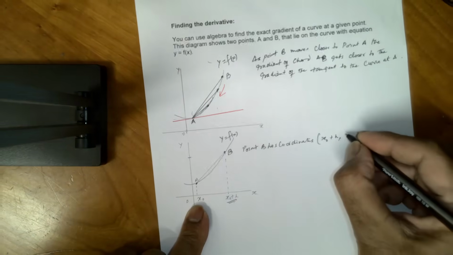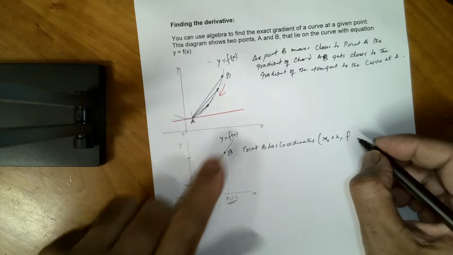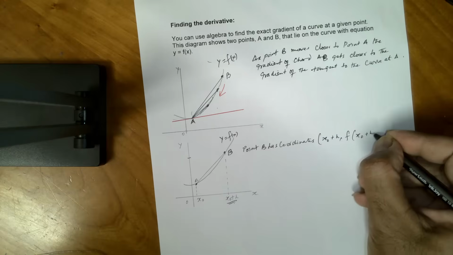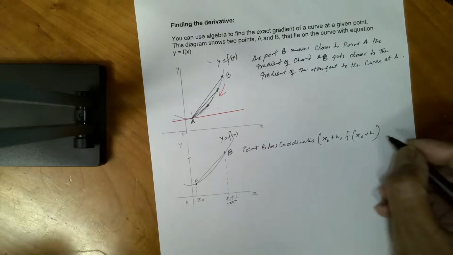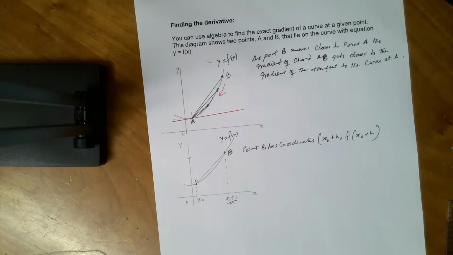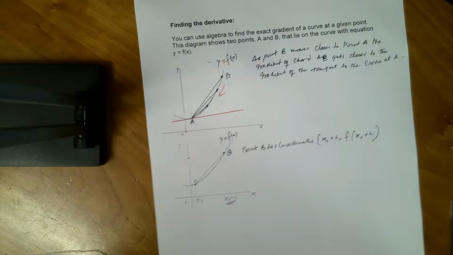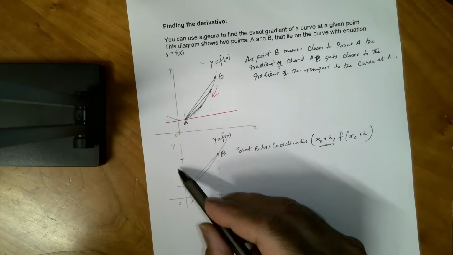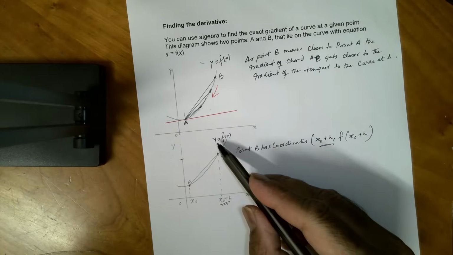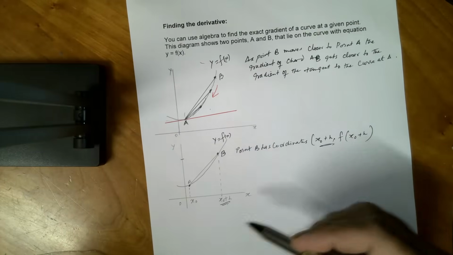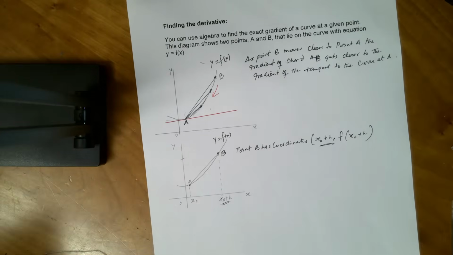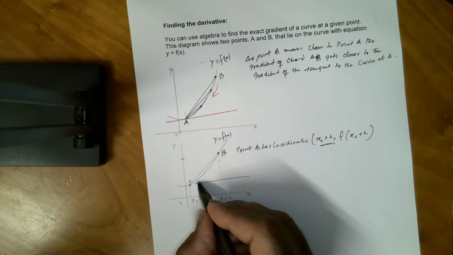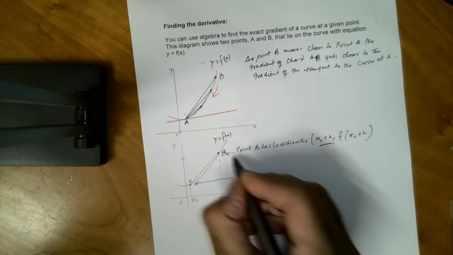Is that clear? We got this x from here, and with y equals f(x) we got the value of x in there. Now, what coordinates does point A have?